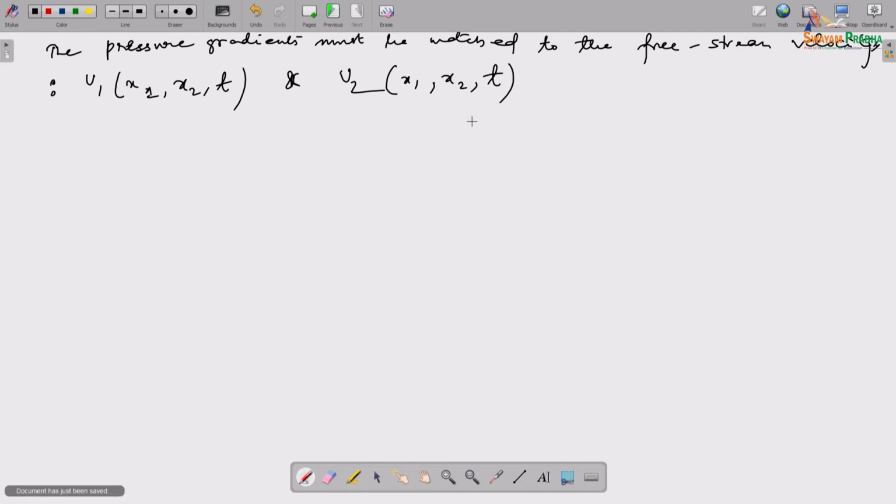You can see here that the free stream velocity is basically dependent on the two coordinate axes, x1 and x2, and of course it is time dependent. Now the proper matching is given. The pressure gradients and the velocity components need to be matched, and this is done by Euler's equations of inviscid flow.